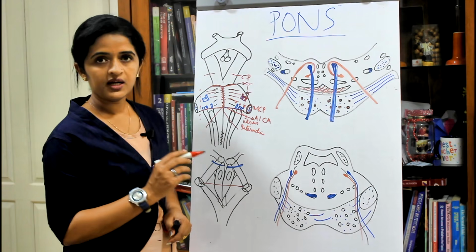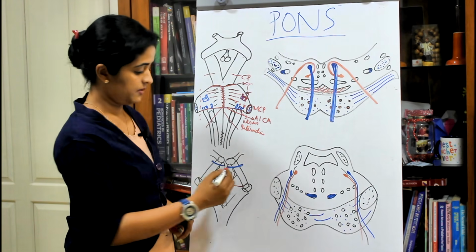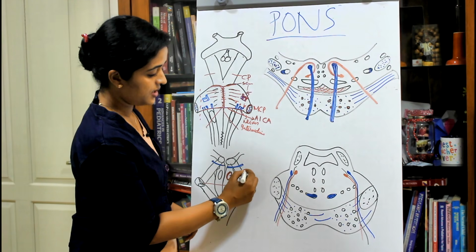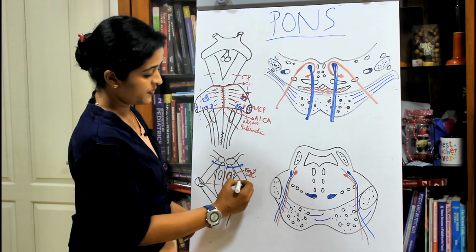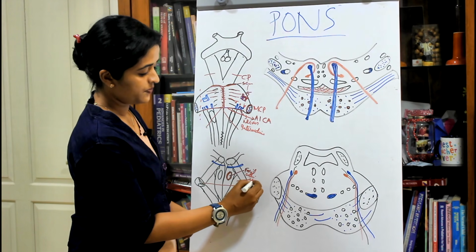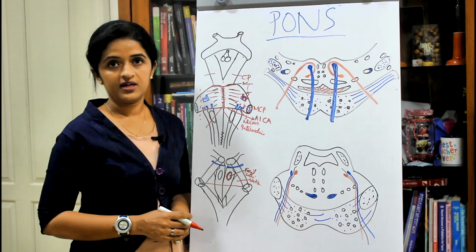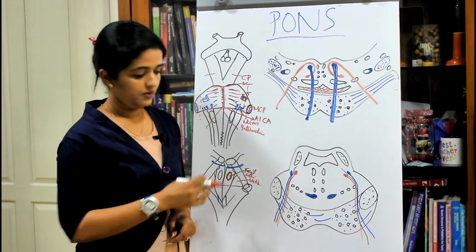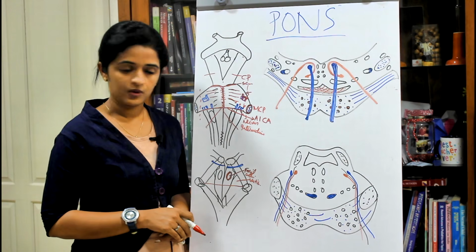For the time being, I will talk about two important structures which you will see on the dorsal aspect. This swelling or elevation is known as the facial colliculus, and this region is known as the vestibular area. These are the two important structures which you should know, because this will be useful when we discuss the internal structure of pons.